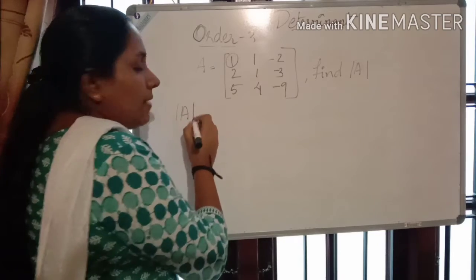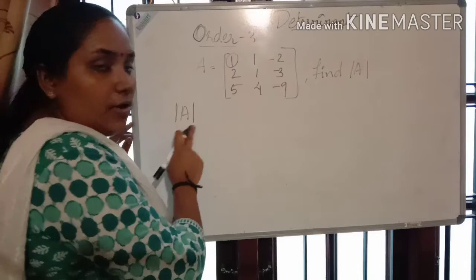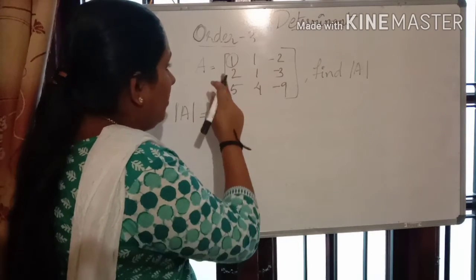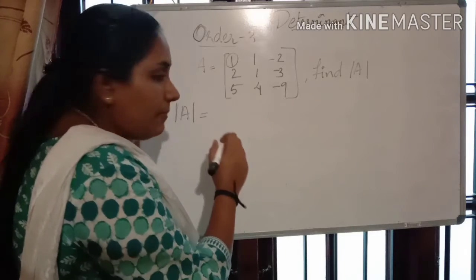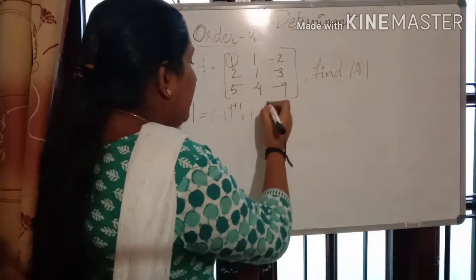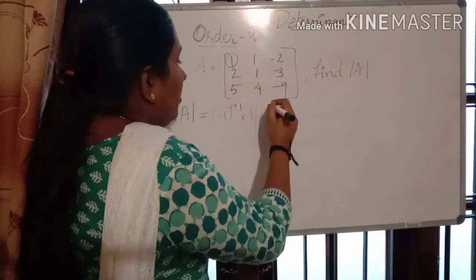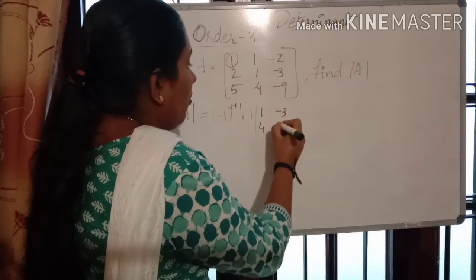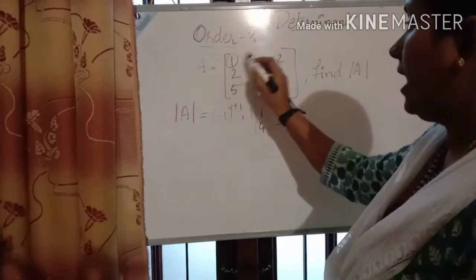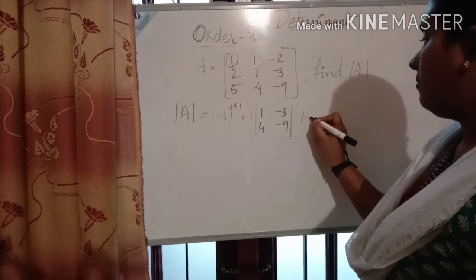The determinant of A can be denoted as 1 in the first place, A11, that means minus 1 to the power 1 plus 1, into 1, into this determinant: 1, minus 3, 4, minus 9.